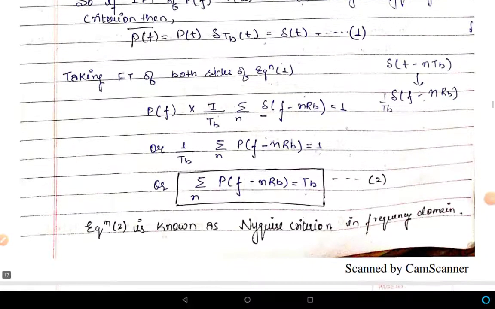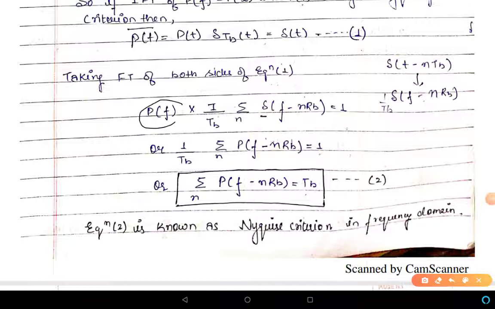Here P(f) multiplied with delta(f minus nRB) yields P(f minus nRB), as per the property in the frequency domain for a transform. So in this equation, I can take TB to the other side. So finally I get this equation.